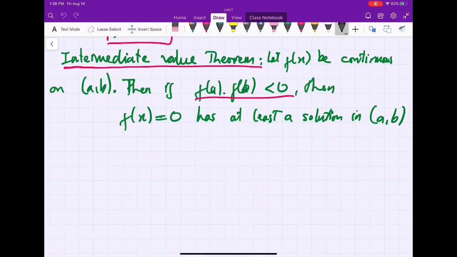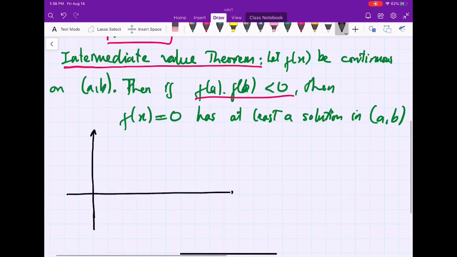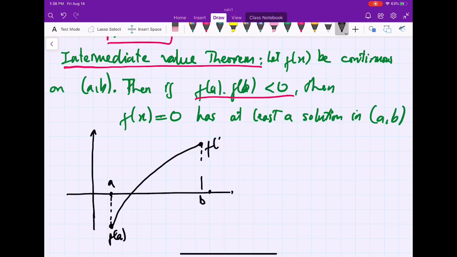So I may assume that a is right here, and I may assume f of a is less than 0, and you have f of b in here. f of b is bigger than 0. Since the function is continuous, the graph of this function is continuous.